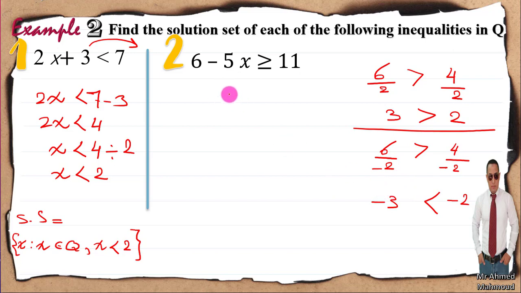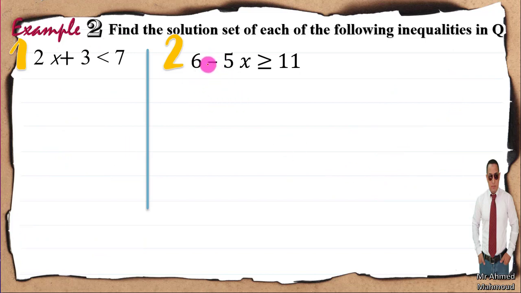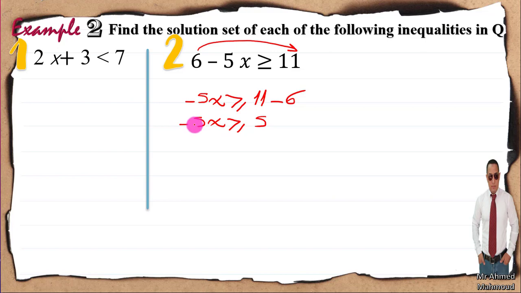Now let's solve this one. 6 minus 5x greater than or equal to 11. First, I'm going to send 6, so negative 5x greater than or equal to 11 minus 6, so negative 5x greater than or equal to 5. Now I'm going to divide by negative 5. So x, and here 5 divided by negative 5.